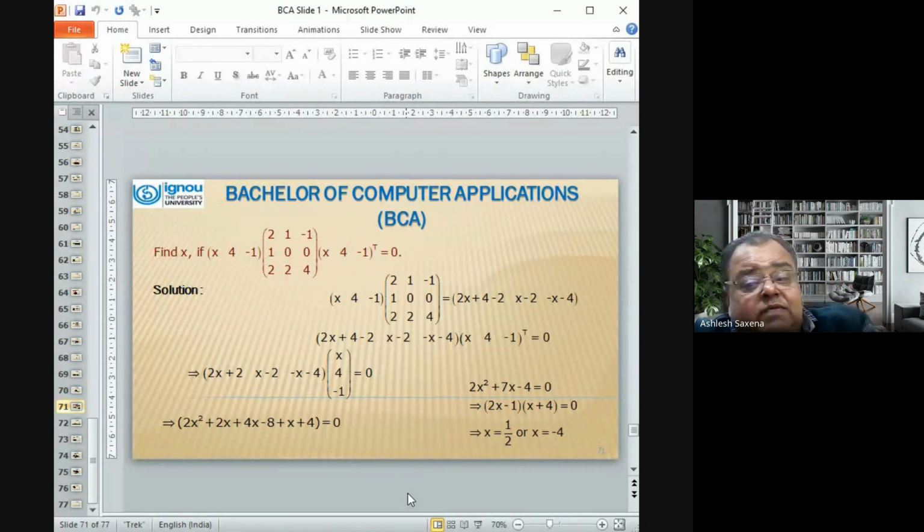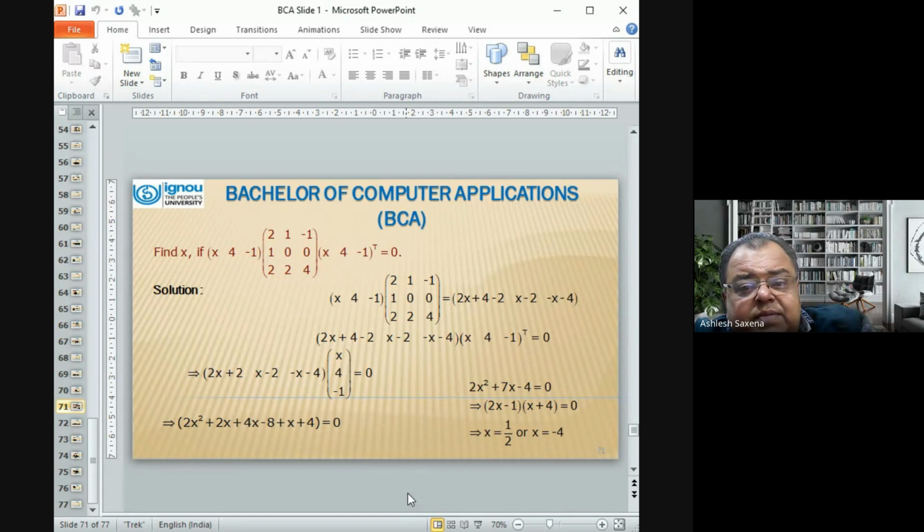So first of all, we will start from the left. Multiply the first matrix by the second one. Your answer will be a 1 by 3 matrix. 2x plus 4 minus 2.